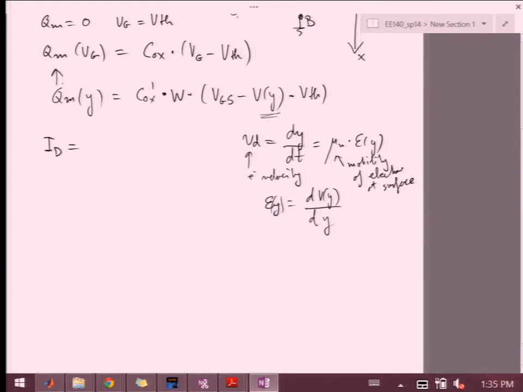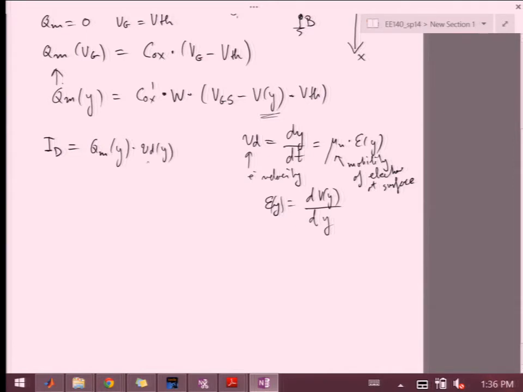The current is really just the flow of electrons, right? So if I look at the current, the charge times the speed, I should be getting my flow, right? So that's what I'm going to do. I'm going to say Qm of y times Vd of y.